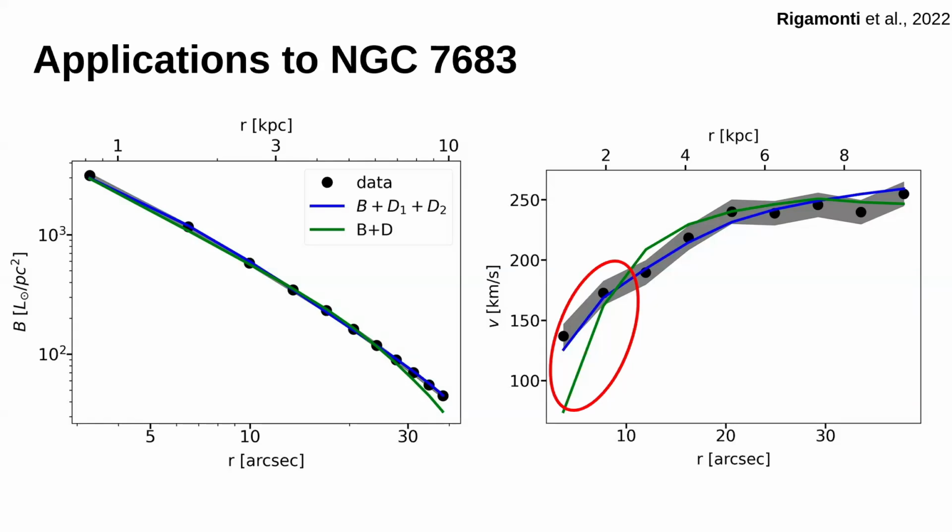The way we account, in this case, for the excess of rotation, which is evident from the data in the center, is by including an inner disk component, which is rotating. What this is telling you is that this galaxy actually has non-negligible rotation in the center, so the bulge which is there is likely not to be classical, but more some sort of pseudo bulge or a bulge with a strong rotation support.